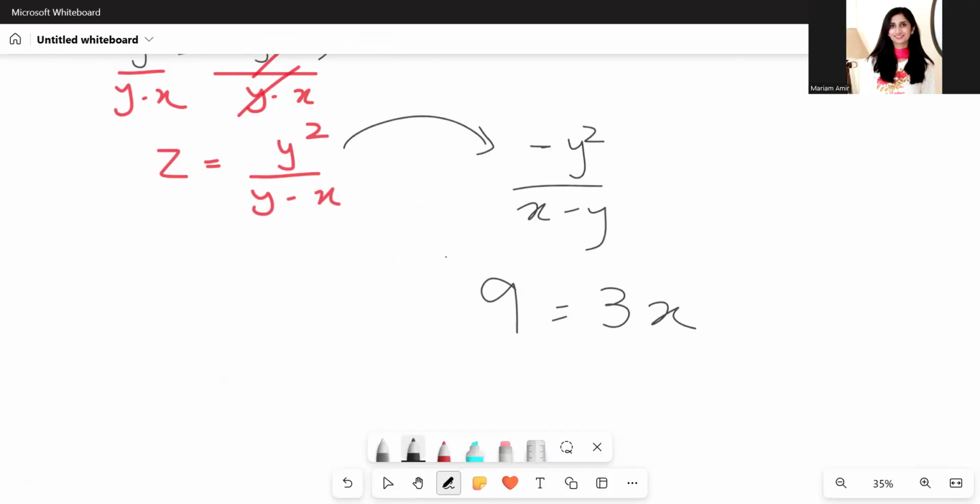How does that 3 go to the other side? Actually, you're dividing both sides by 3. That's why the 3 goes to the other side. In short, we just say move 3 to the other side, but actually this is what's happening. So this is what I showed, that you divide y minus x on both sides. That's how it goes to the other side.